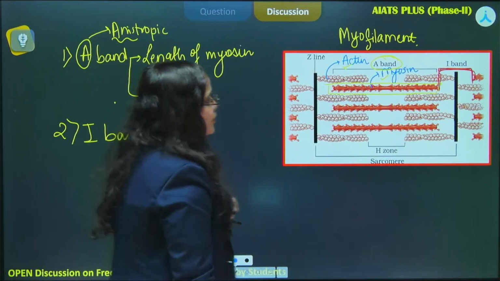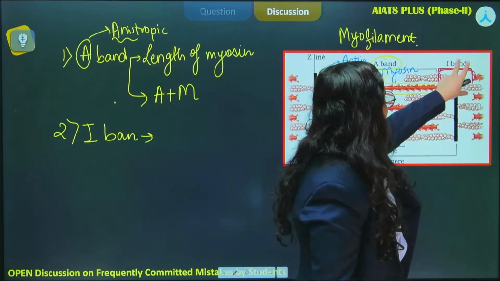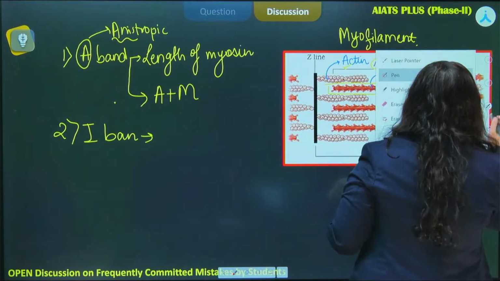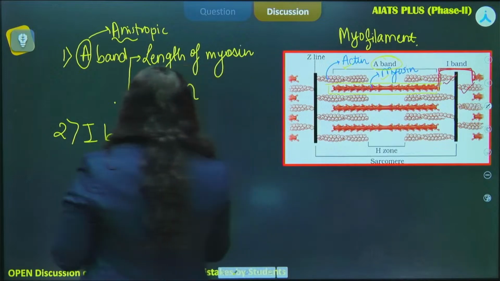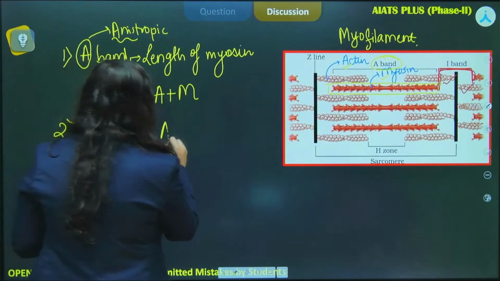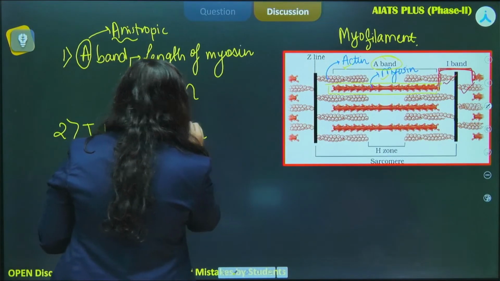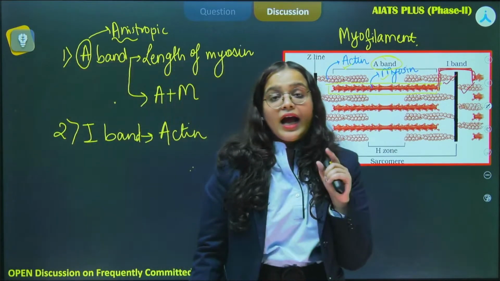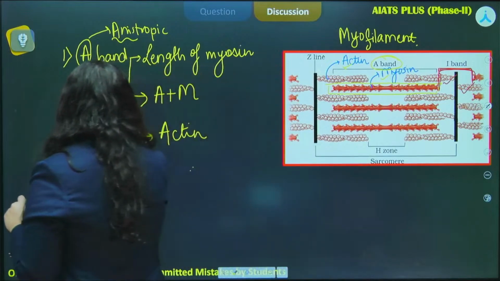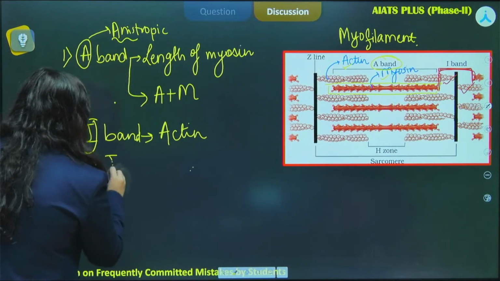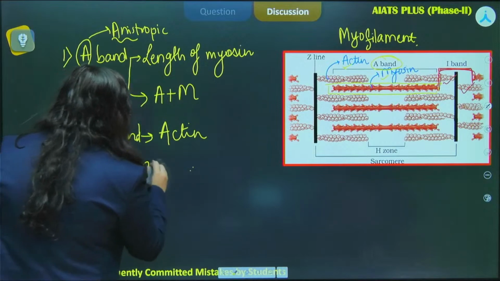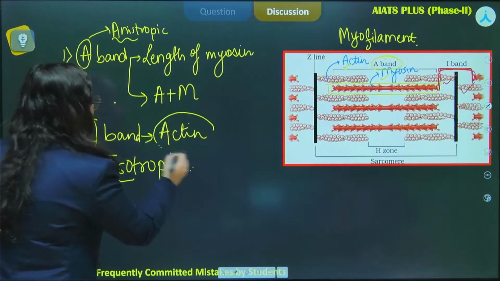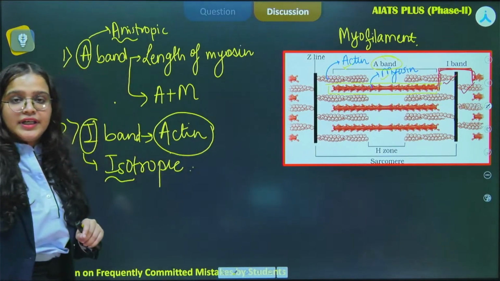And from the image, we can also see that I band contains only the actin filaments. So our I band will contain only the actin filament, and that is why they are called as the isotropic band, which means that they are similar in the sense that they constitute only one element, which is the actin.